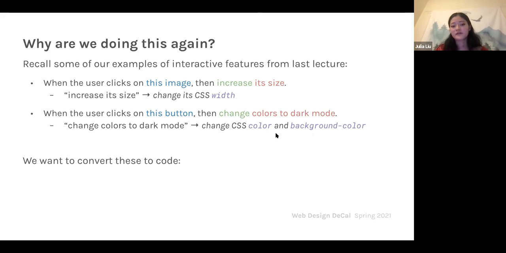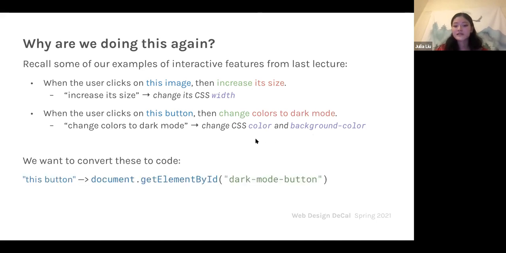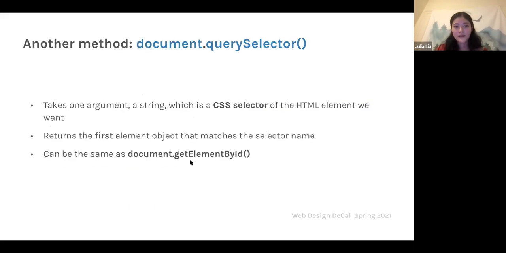So how do we convert these to code? We basically use document.getElementById first to retrieve the object from the DOM, and then we can get the property of that object and manipulate it to change it to whatever we want. For example, if we have a button that has the ID dark-mode-button, we can retrieve that from the DOM and then change the CSS of that button. We'll cover this shortly in the next few slides.